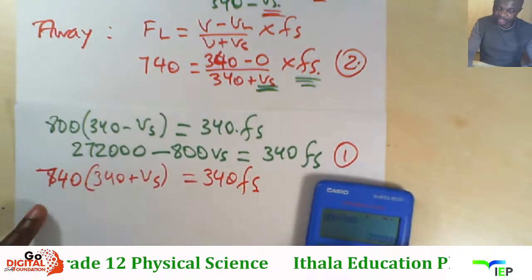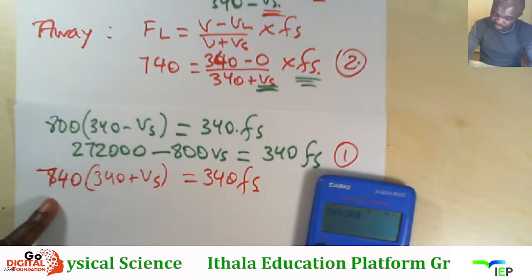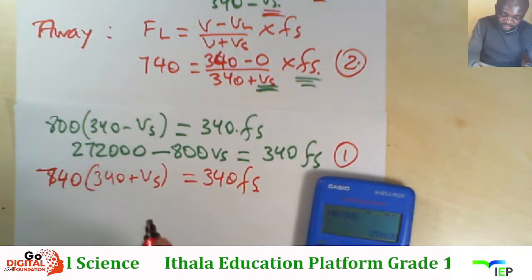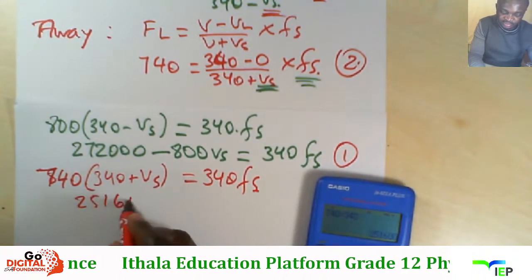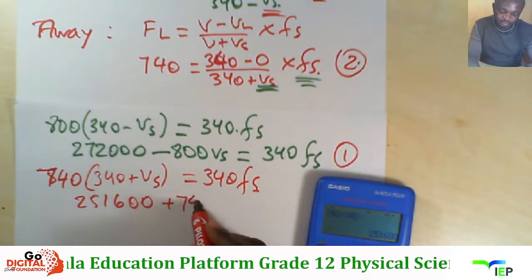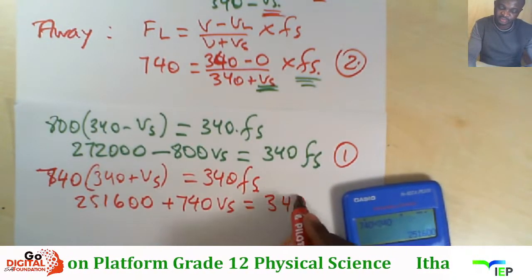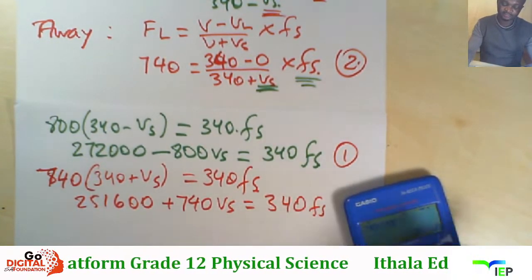So I keep the bracket: 740 times 340 gives 251600, plus 740 Vs is equal to 340 Fs.